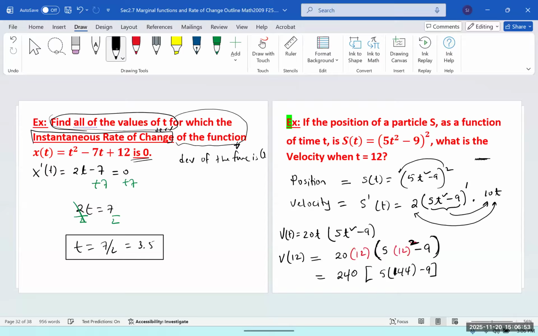And now you just have to multiply 144 times 5. 720. So we have 240 times 720. Okay, 720 minus 9. Oh man, it's a big number.